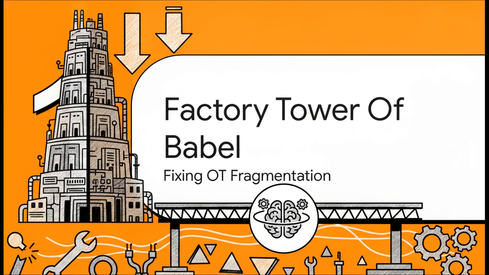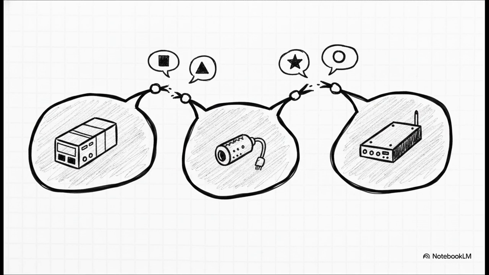Section 1, the Factory Tower of Babel, Overcoming OT Fragmentation. If you walk across any high-speed, multi-vendor factory floor today, it is literally a Tower of Babel. You've got legacy Siemens PLCs sitting right next to simple Modbus sensors, and they're all operating right alongside Allen Bradley controllers and modern OPC UA gateways.